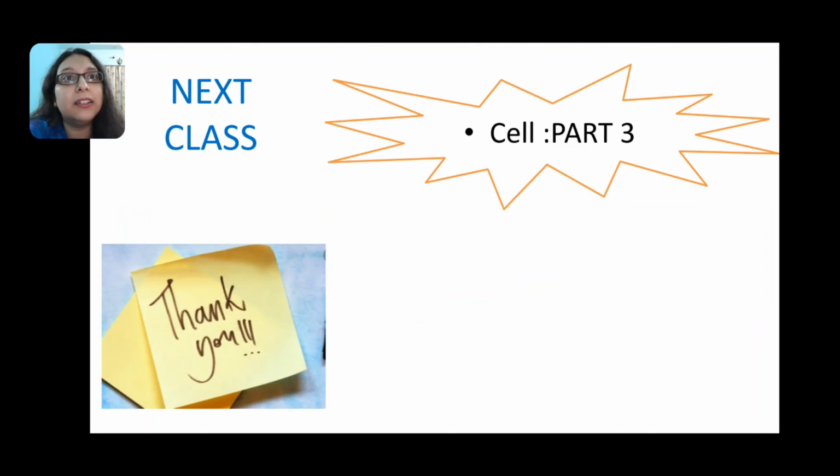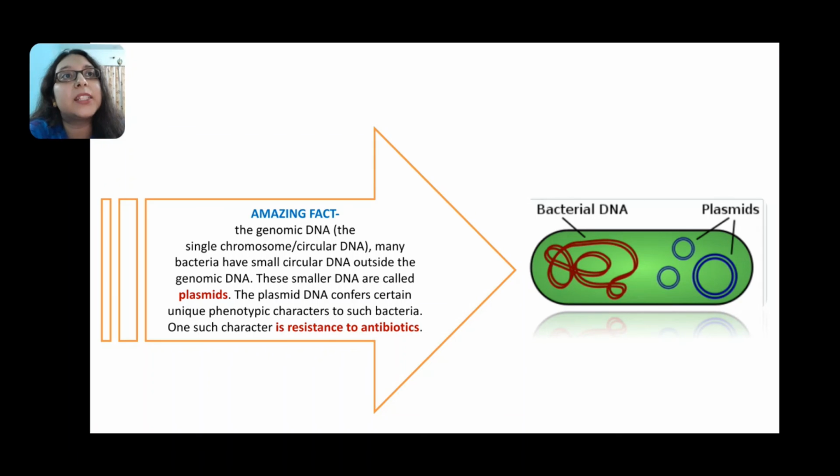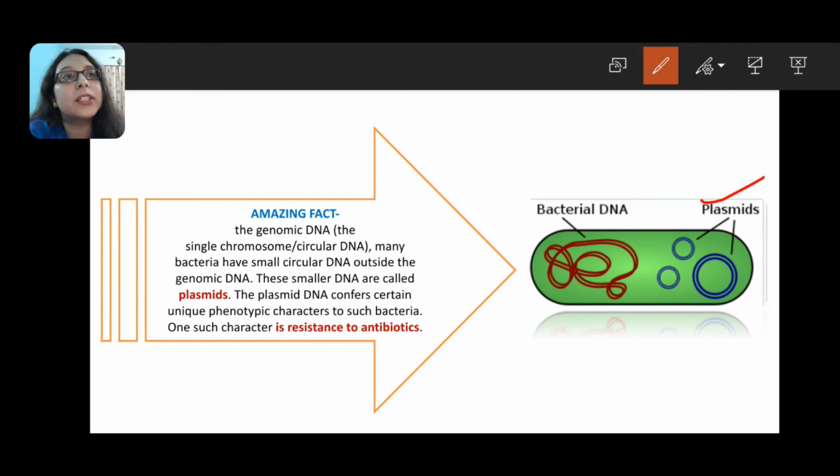That is known as the plasmid. So what is a plasmid? It is the extra chromosomal DNA which is present in certain bacteria. And what is their function? They are mainly responsible for providing the bacteria with certain features, for example, antibiotic resistance.